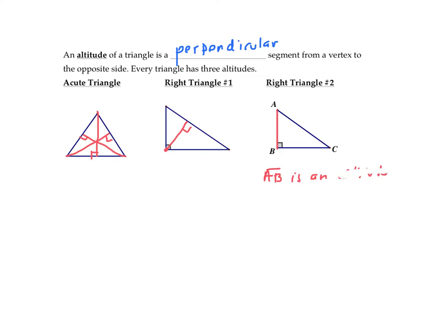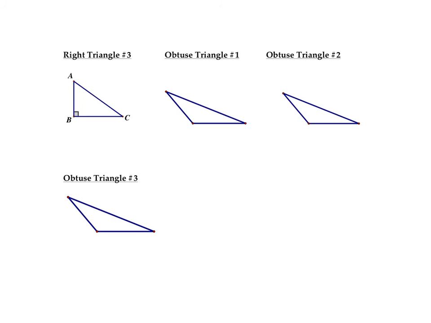So AB is an altitude from A to line segment BC. Okay, this is the third right triangle. Line segment BC is also an altitude.